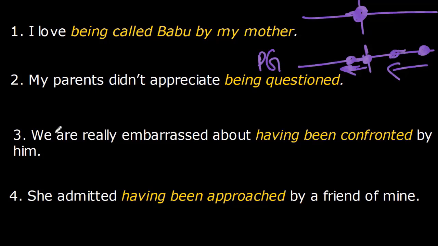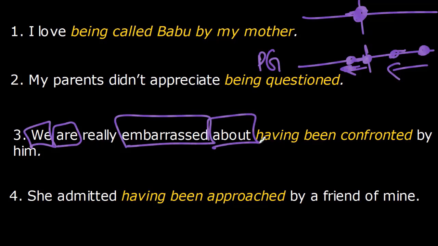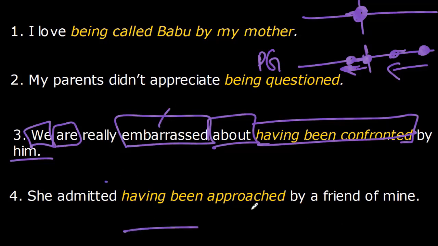So in the third example, we have my subject, my verb embarrassed, the subject complement, about the preposition, and this is the object of the preposition: having been confronted by him. So we are really embarrassed. We are in a certain state of being which is embarrassed, so it's in the present. We are in this state of existence right now.